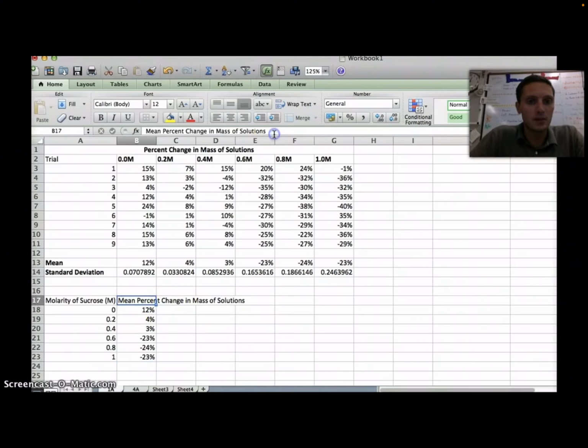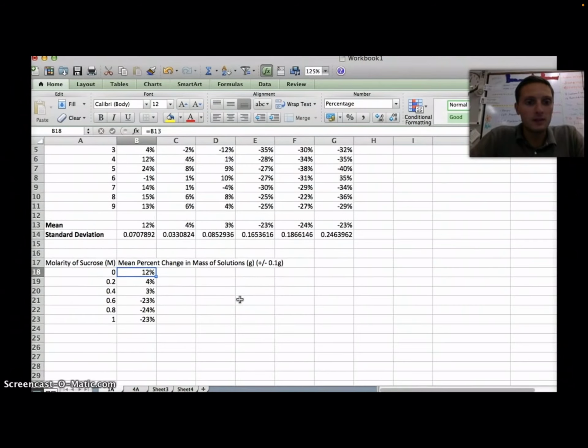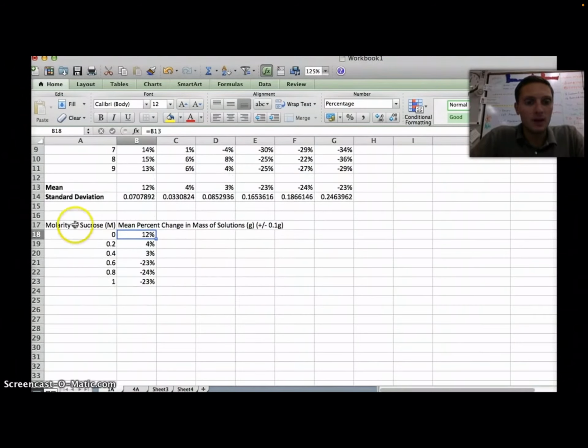I think we actually should add units here. We've got plus or minus 0.1 grams. So now I want to turn this into a graph. And to do that, I'm going to scroll down a little bit here. I'm going to highlight all of this information, these two A and B columns, and then the rows 17 through 23.